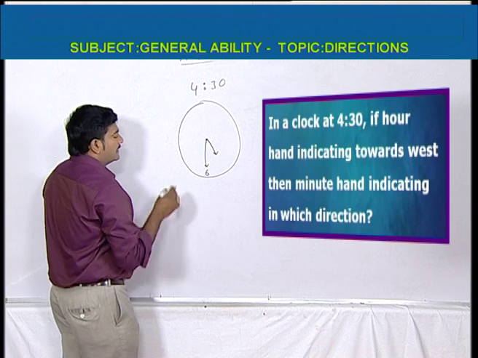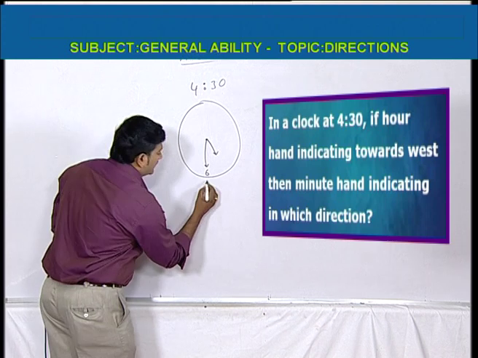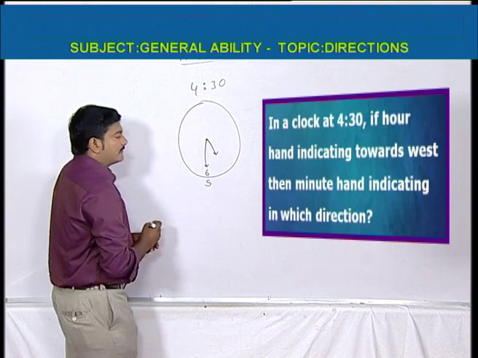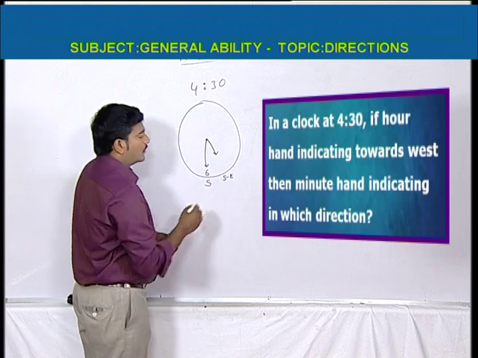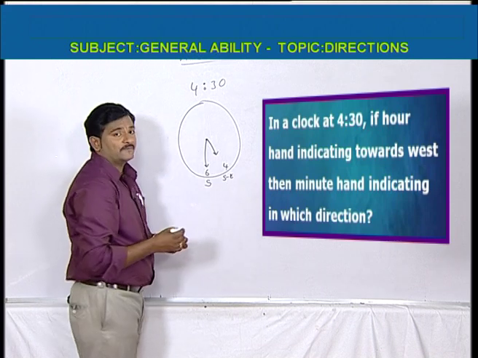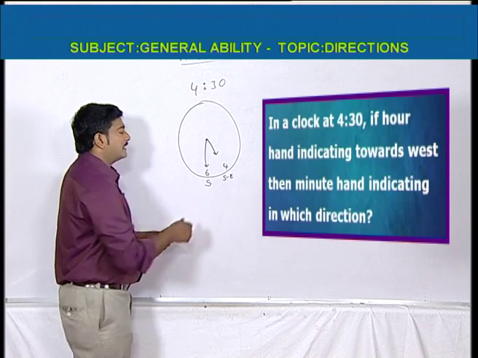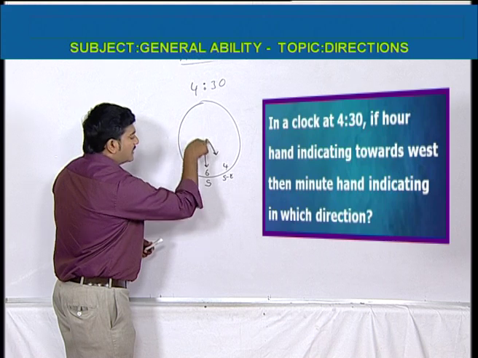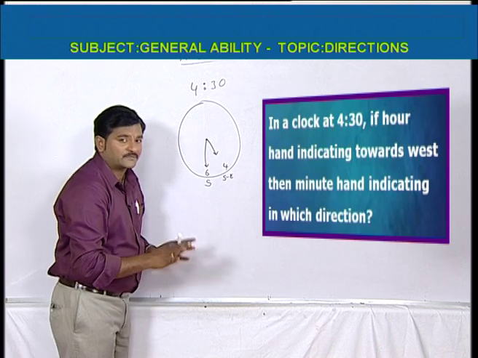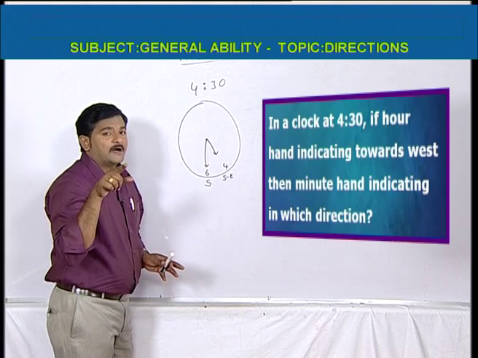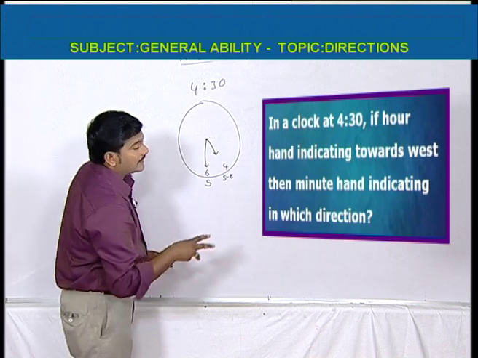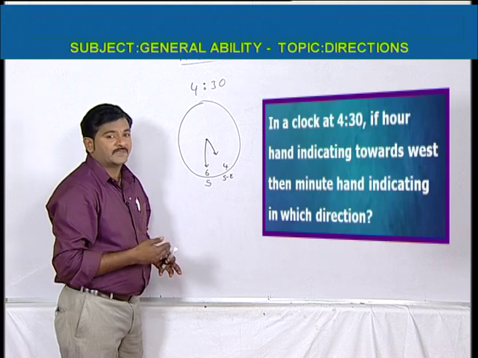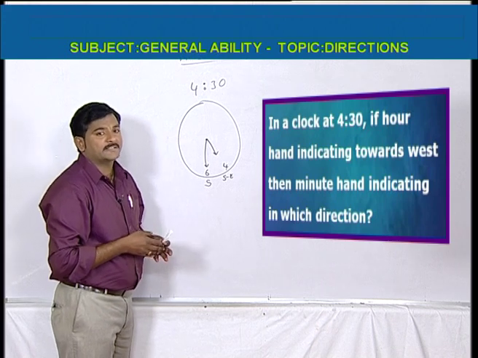So at exactly 4:30, the minute hand is towards south, whereas the hour hand is towards southeast. That is the actual position. But the question says the hour hand is indicating towards west, and asks which direction the minute hand is indicating.